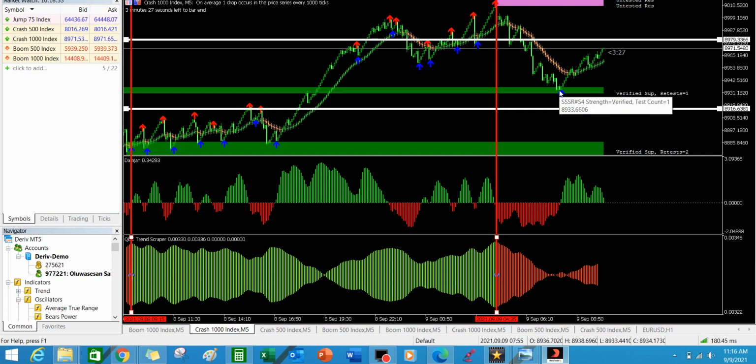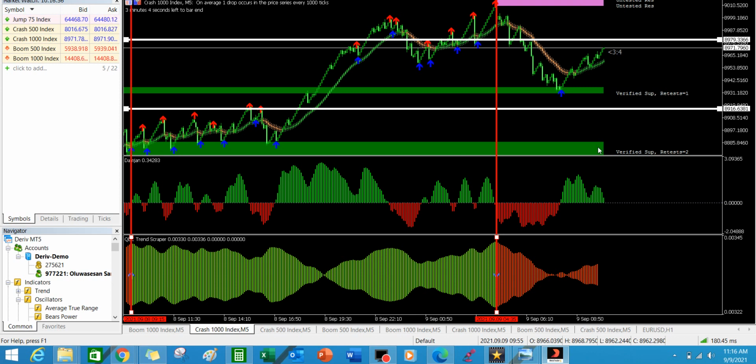You can see that it crashed down to this level, pulling back a bit for now, but once it gets here, it is most likely it will crash down again and try to break out from this support zone. Once it breaks out from here, then this support zone should be the next point. So I can easily place my order right here and milk the market till the end of the trend.